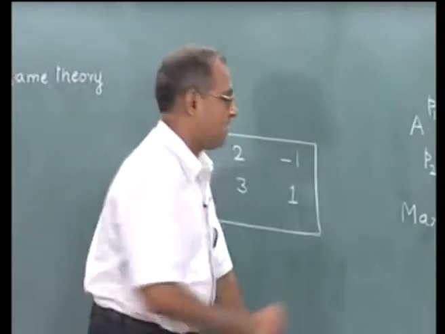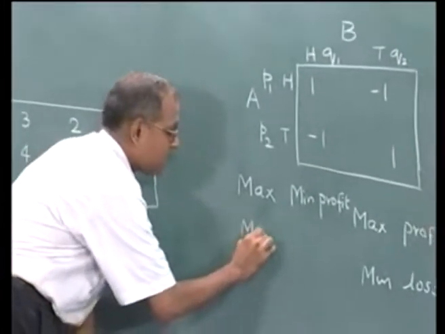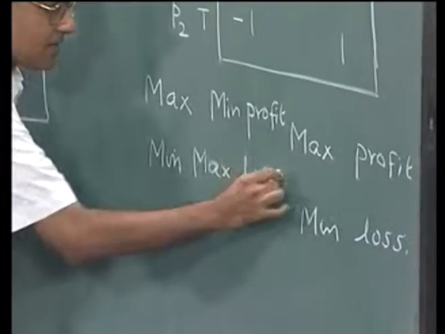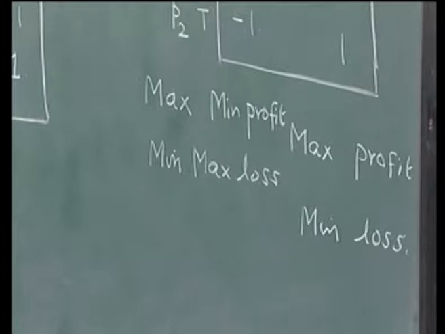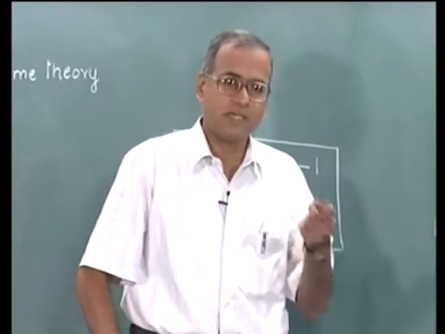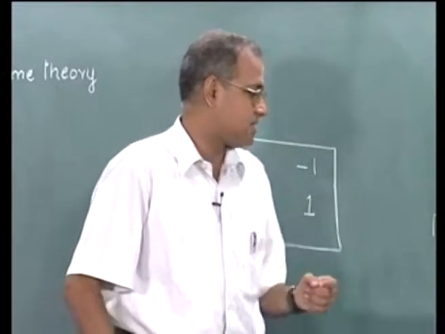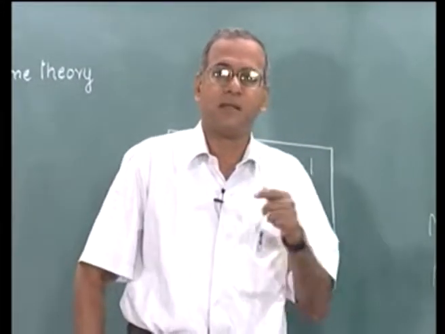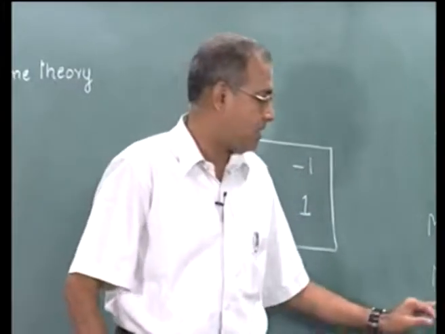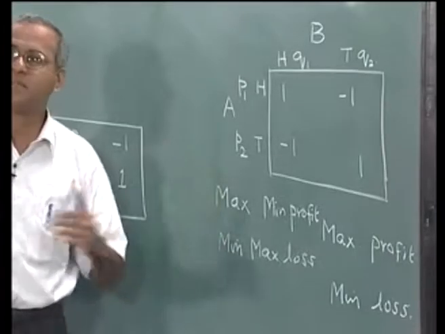while B's objective will be to minimize the maximum loss, because B knows that A is an intelligent player and A will try to, given a chance, maximize his own profit, which means A will try to maximize B's loss. So, B will play in such a manner that B will try to minimize B's loss.